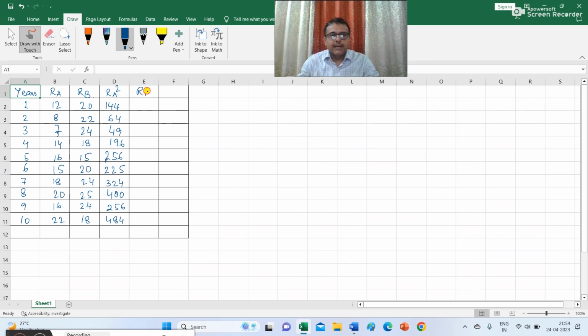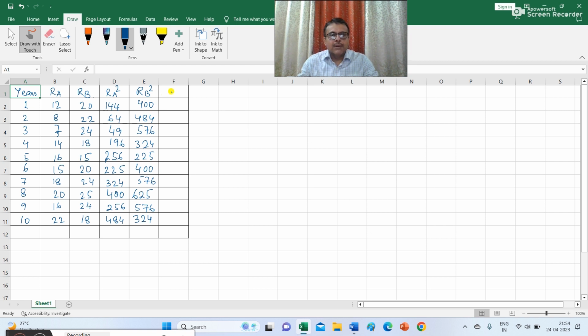Then in the next column I am writing the square of return B. So 20 square is 400, then 22 square is 484, then 24 square is 576, then 324, then 225, then 20 square is 400, then 24 square is 576, then 25 square is 625, then 24 square is 576 and 18 square is 324.